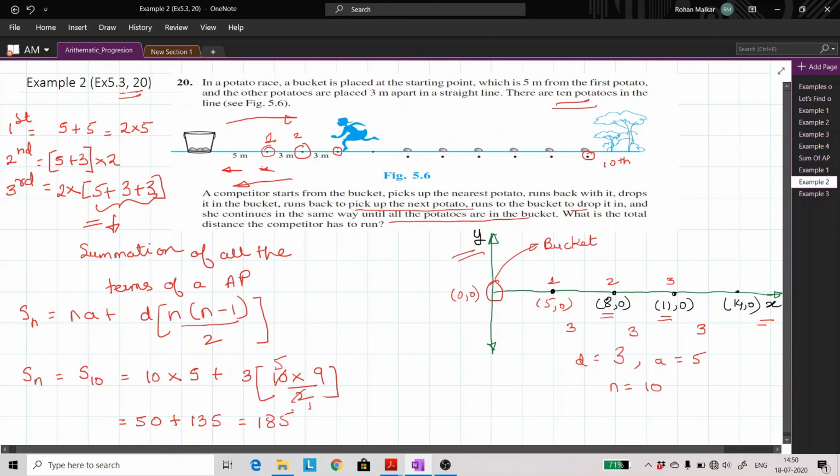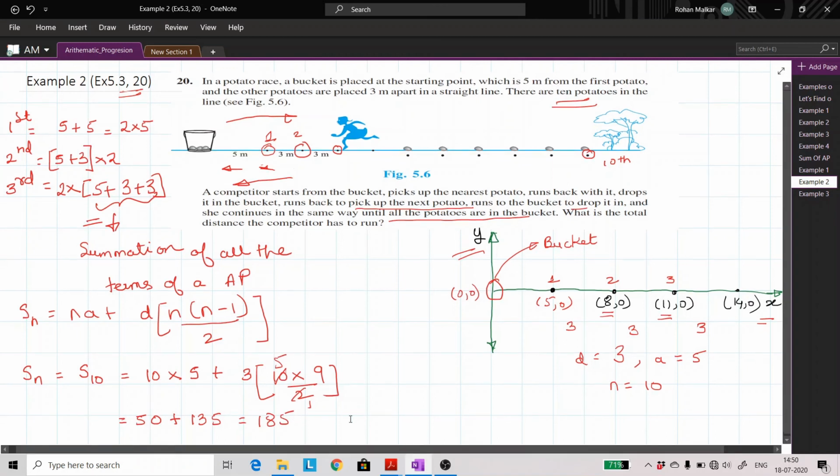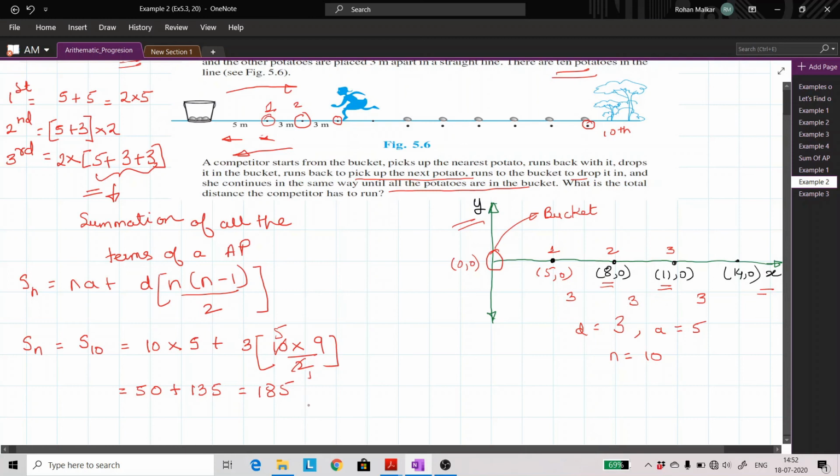So the summation of all the terms of an AP here is 185. This 185 represents the distance that is traveled in one direction. So the summation of all the terms of an AP gives you the distance traveled in one direction, let's say the forward direction.